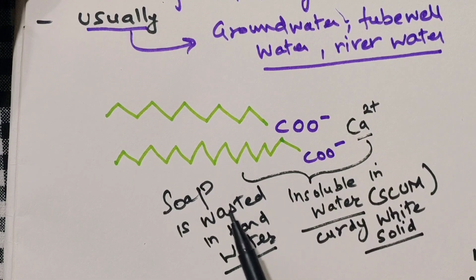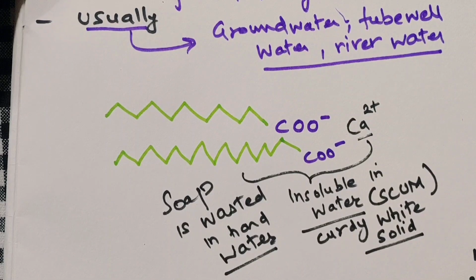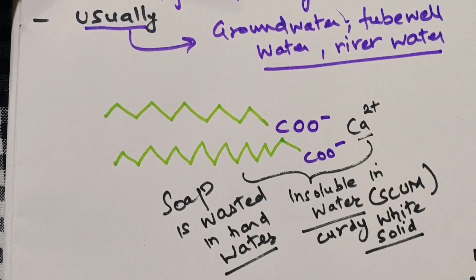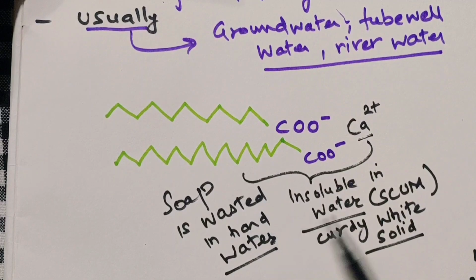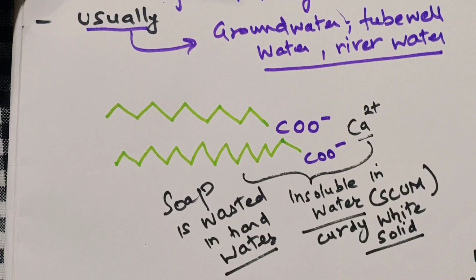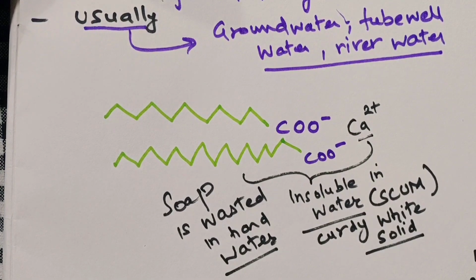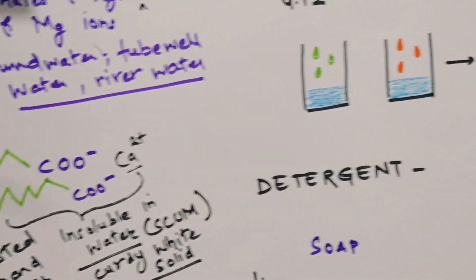So your soap is not very efficient when it comes to washing clothes in hard water. Okay, a lot more soap would be required to wash clothes in hard water as compared to soft water. Okay, now let's check the other activity.